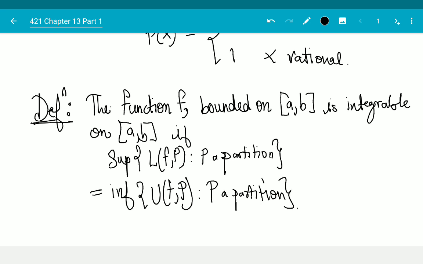So a function is integrable if the supremum is exactly equal to the infimum.